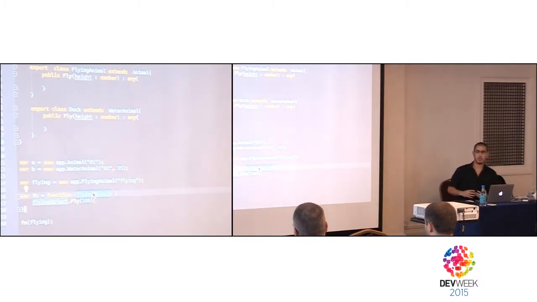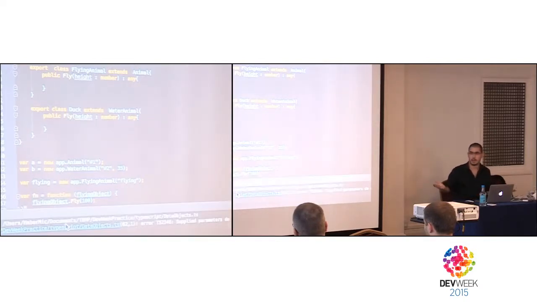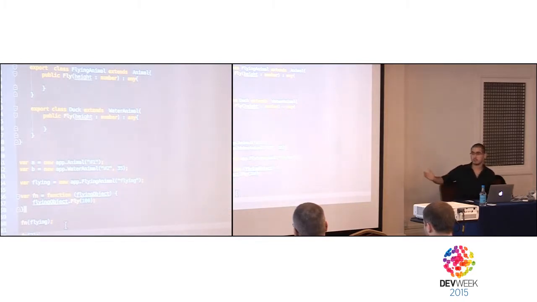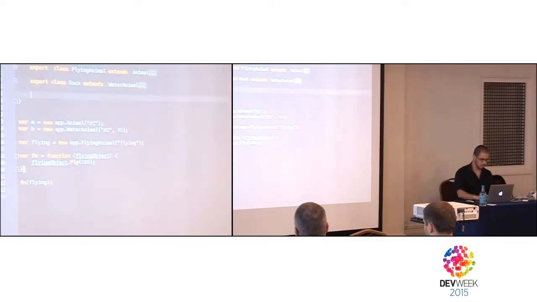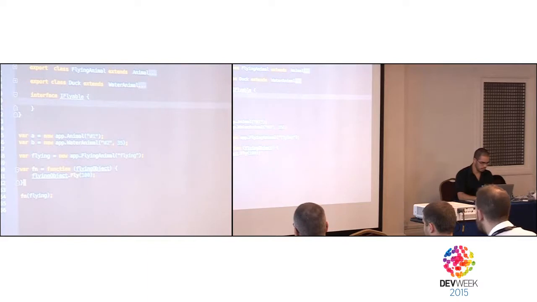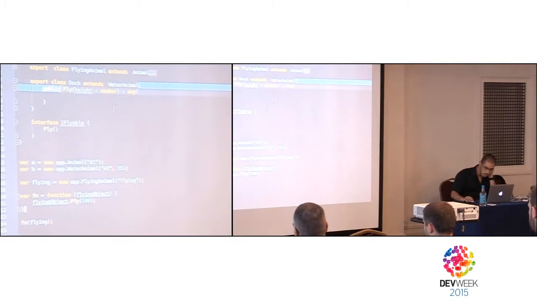I want to create a constraint because now I can call fn with 7. I can call everything with it because I didn't specify any type here. So I'm going to create an interface, and this is going to be Flyable. And we are going to have here fly, and we said that we want to have the height.